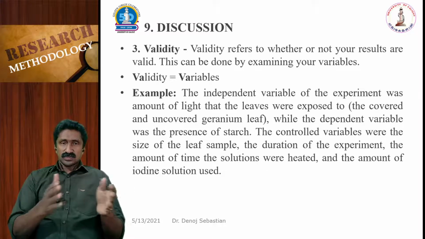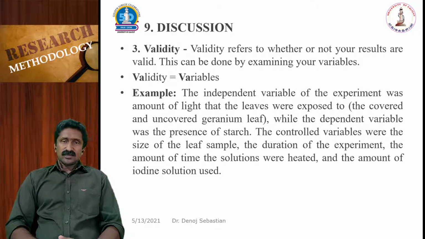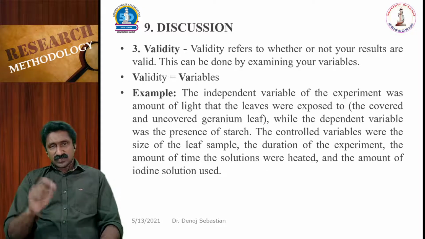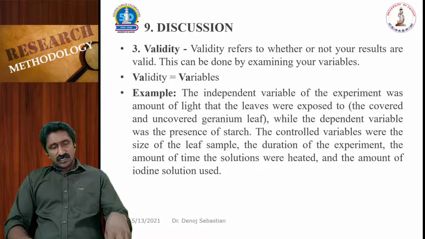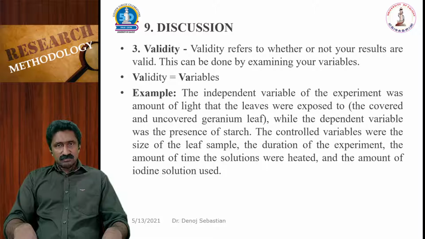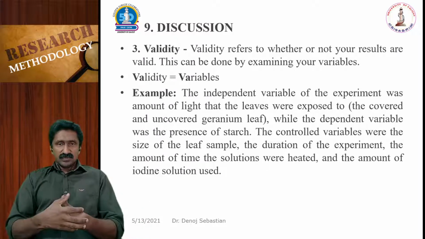Both can be used so that the quantity of light falling on the leaves can be regulated. While the dependent variable was the presence of starch. So you are giving different quantities of sunlight to leaves and checking the production of starch. So the starch is the dependent variable and the quantity of light is the independent variable.